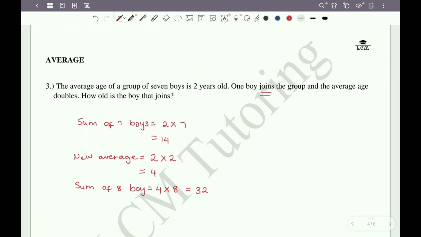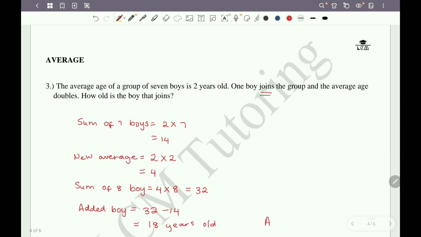Okay, so if the sum increased from 14 to 32, the boy that joined, or the added boy, would be 32 minus 14. So you can kind of see the routine, right? 32 minus 14, that gives us 18 years old.